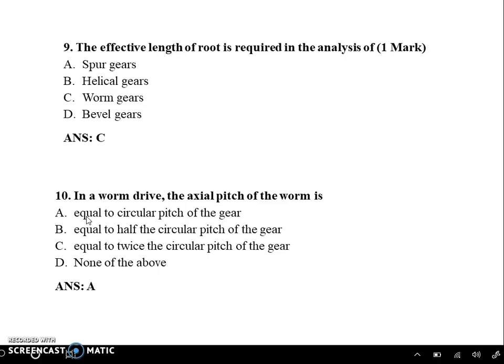Normally it is considered that the axial pitch of the worm is equal to the circular pitch of the gear, because axial pitch is travel in the axial direction and circular pitch is travel in the circular direction, or we may consider both should be the same.